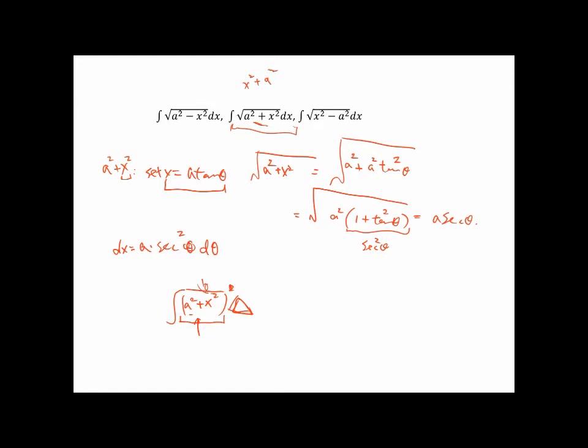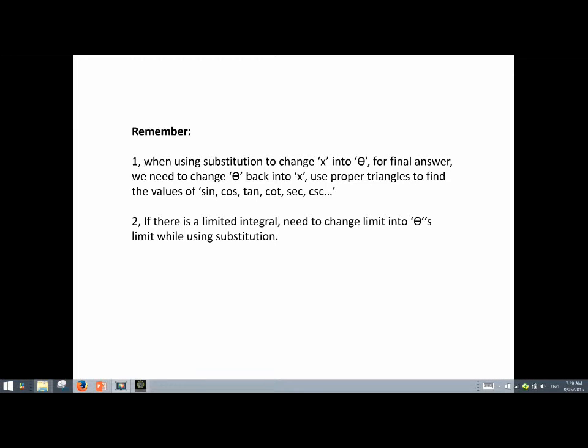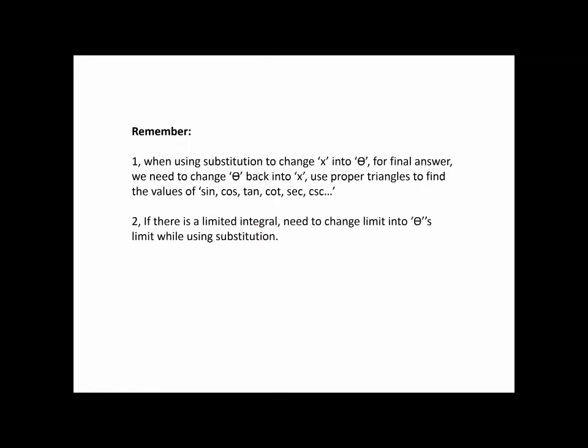Okay. And also, we want to remember this too. We don't want theta in our answer. So if the answer has something about theta, we want to surely change everything expressed back into x. But if it is a constant, for example pi over 4, it is fine.